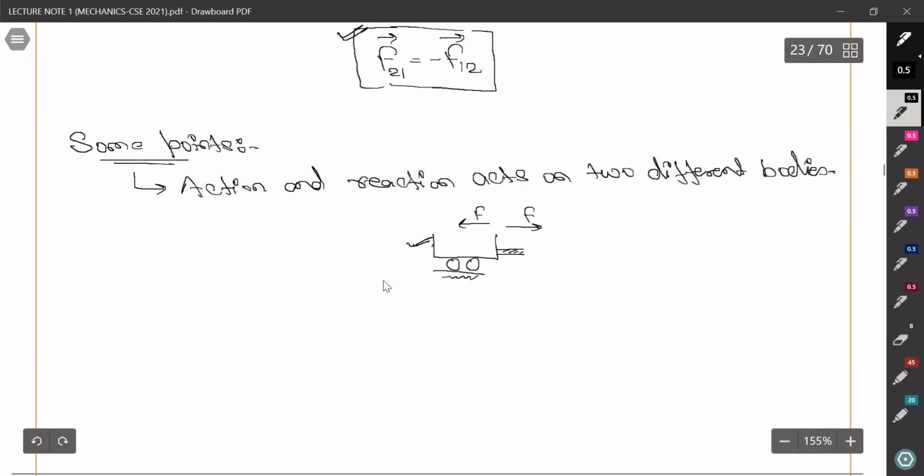It is moving because the force acting on the cart is F and the force acting on the rope is also F, but they are not one system. There are two different bodies, one is the cart and another is the rope. If we consider both of the forces, then they become internal forces. But here we are considering them as external forces, in the external force consideration.